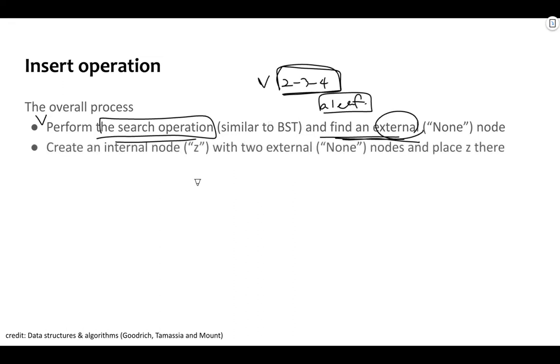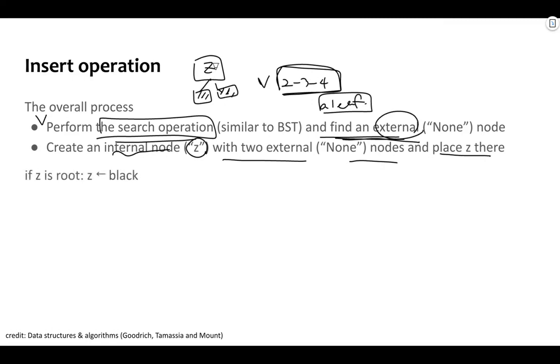And what we are going to do is create an internal node. Let's say Z is what we want to create with 2 external nodes, and place Z there. So after this node has Z, we need to create 2 None nodes, okay?